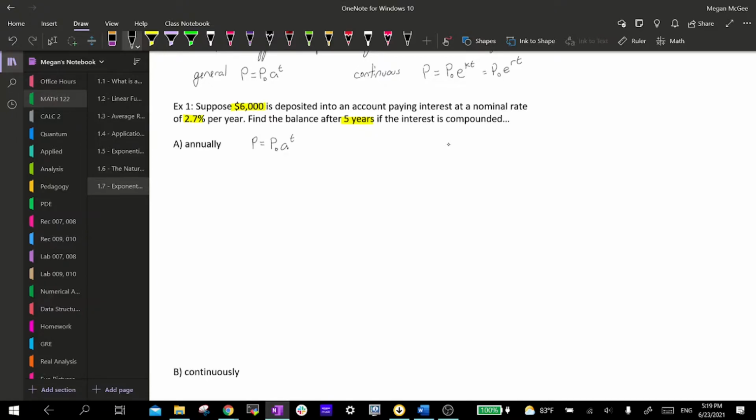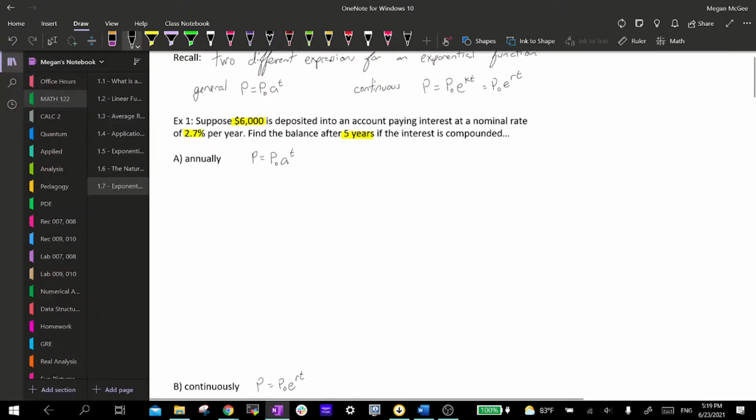And for our continuously compounded interest, we are going to use our continuous expression. Makes sense, right? And I'm going to use rt in this case. So let's come back up here to look at annually for a moment.